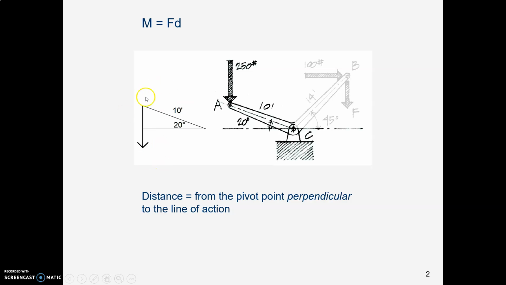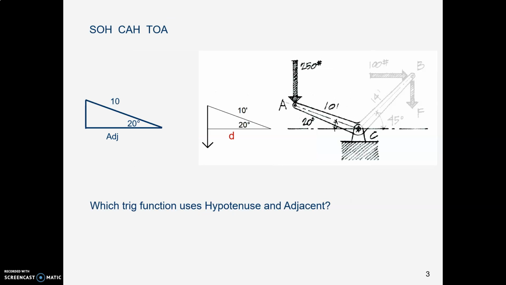So here I've drawn a diagram. There's the force, there's the line of action, and there's the direction that would be perpendicular to that line of action. So that tells us that the distance from the pivot point perpendicular to the line of action has got to be that bottom base of the triangle. In other words, the side that is adjacent to the 20-degree angle.